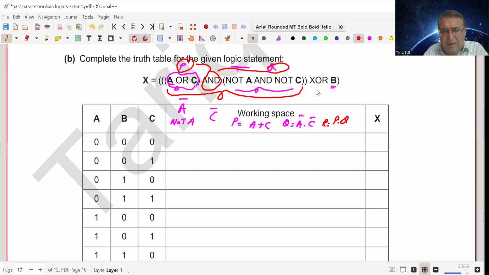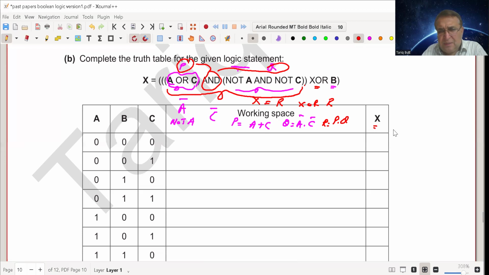And finally, you have to XOR R with this B, which is finally X.